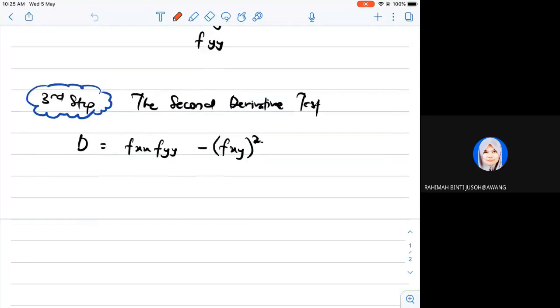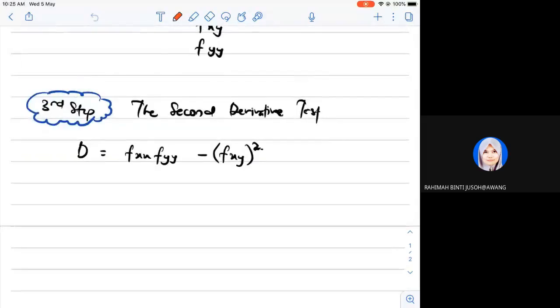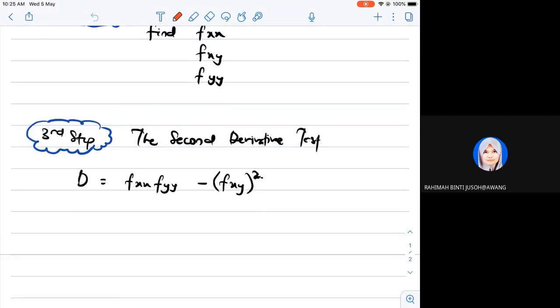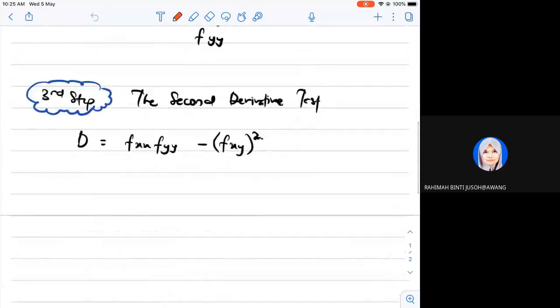Okay, now after we get the values of D, okay, we get the function of D kat sini ni, you akan dapat satu equation baru lah. Ataupun sometimes kalau soalan tu mudah, you akan dapat constant je, akan dapat nilai. So tak perlu gantikan critical point. Okay. Tapi kalau misal kata bila you substitute tu you dapat lah misal kata 2x darab 3y kuasa 2 tolak 2x macam tu.